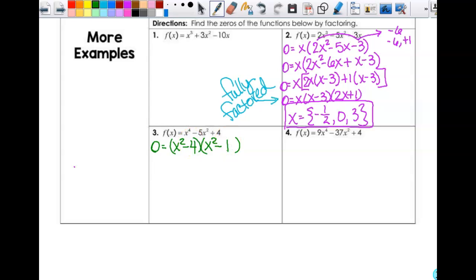Then can you factor this more? Yes, so let me ask you another question. Can I get my zeros at this step? I can, but is it fully factored? No, and right now I want you to have it fully factored. So factor it, you got one more step here.